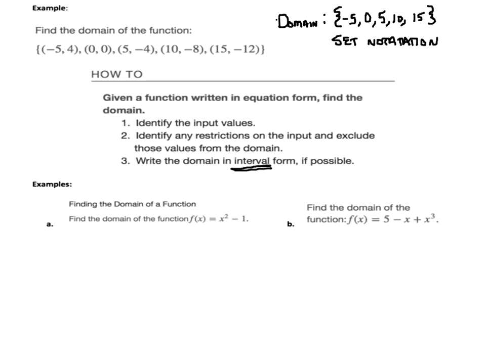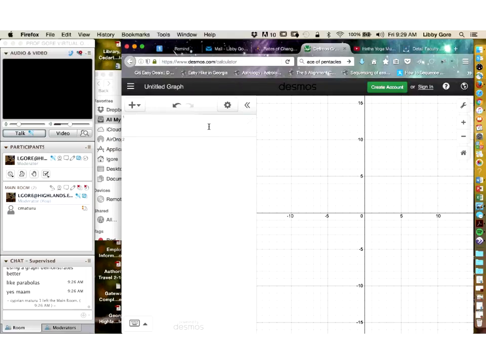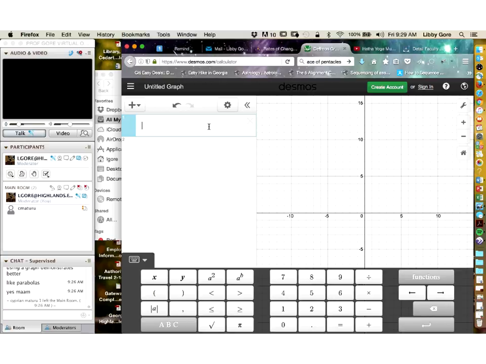So we have this first example to look at, and it's a quadratic, so it graphs as a parabola, which is what you were just asking about a moment ago: x squared minus 1. Now I'm going to take you out to my desktop and share my desktop with you, and we're going to look at a graphing calculator here. This is just www.desmos.com. It's a free graphing calculator.